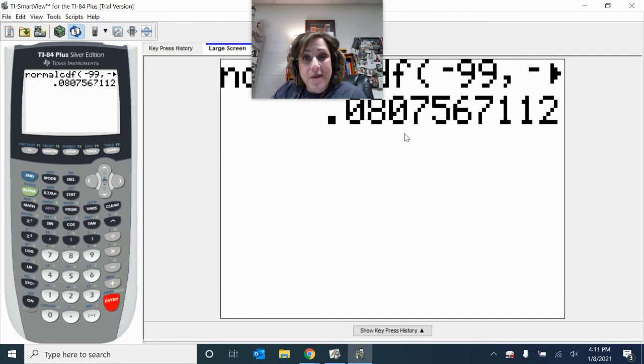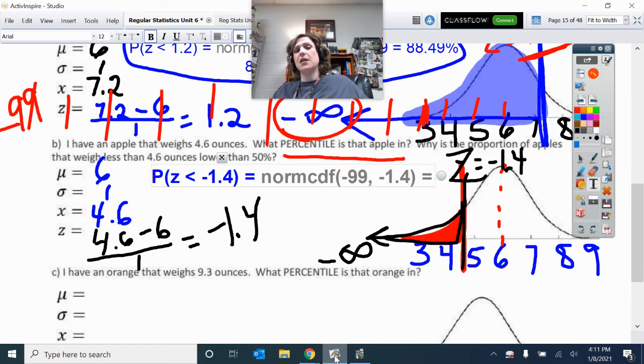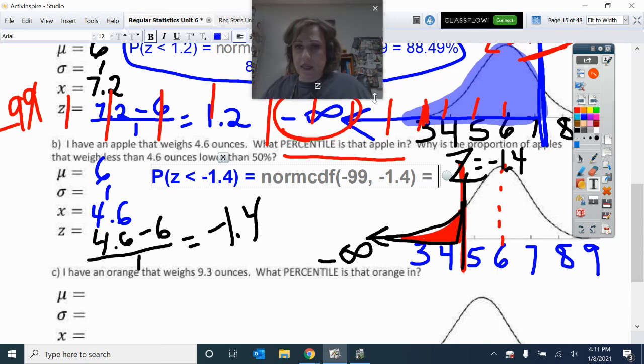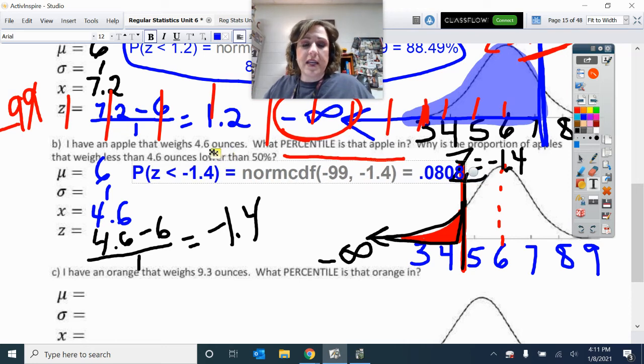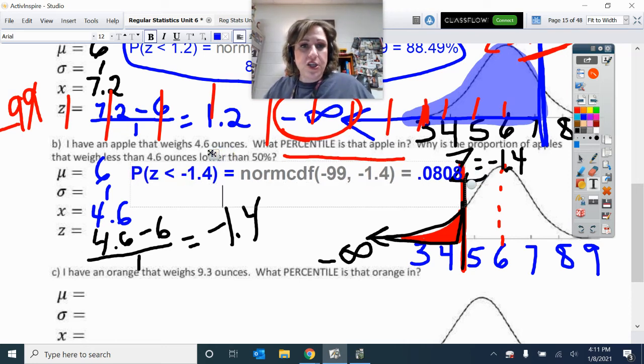0.080. Look at this 7. Don't you dare put 7 down. That 5 turns that 7 into an 8. Come on, you can pay attention to the details and get the rounding correct. So that is 0.0808, because it rounded, which in percent is 8.08%.